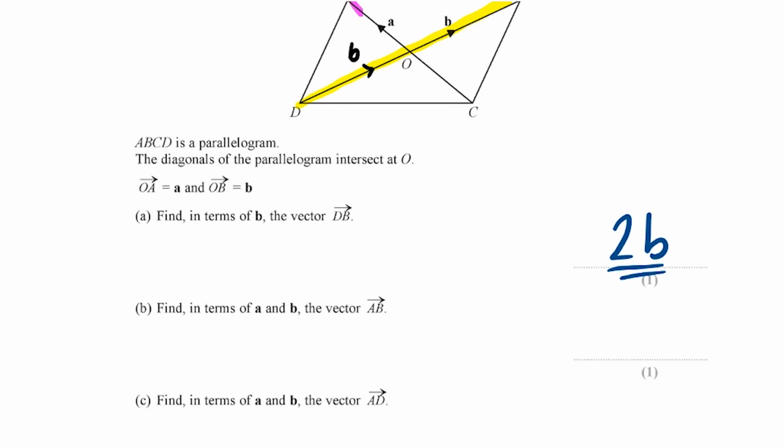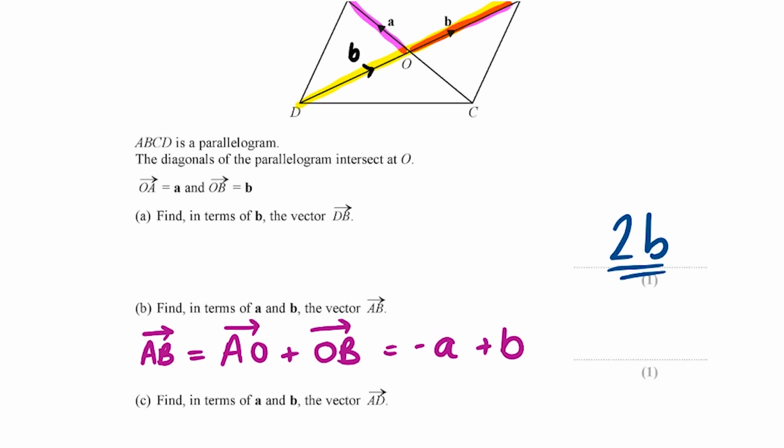So we would need to go from A to O, back to the center, and then from O to B. So from A to O, we've got that letter a there, but can you see the arrow is pointing in the direction from O going up towards A, which is the opposite direction to the one we're going. So we're going back from A to O, so we would describe that as negative a. When you're going in the opposite direction to the arrow, it becomes a negative. So we've got negative a, and then we go along that road, which is b. So negative a add b is our answer.